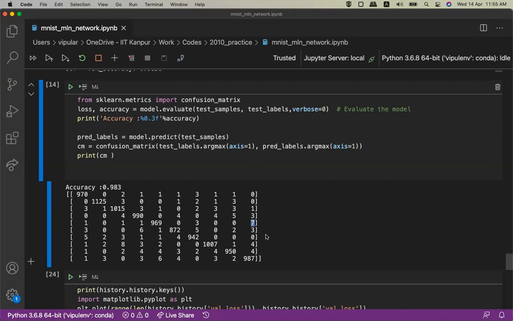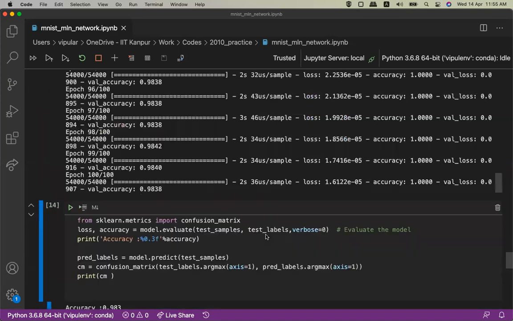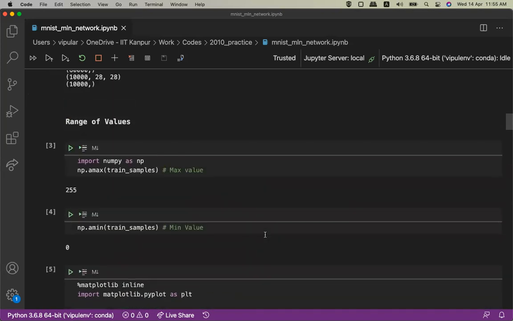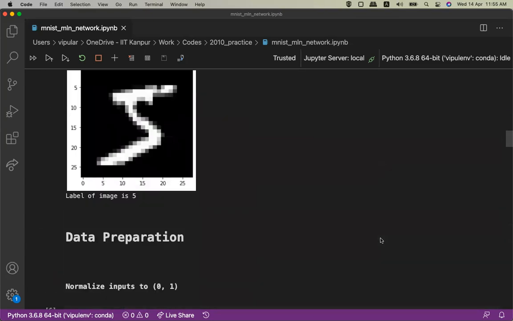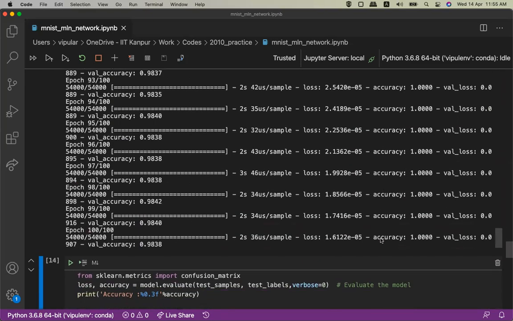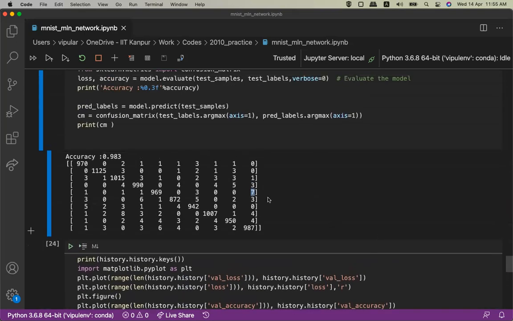It makes sense because 4 and 9 are quite similar in shape, as you can see in the data. You see this 4, it looks almost like 9. So no doubt the machine makes this mistake of thinking that this is a 9, because 9 and 4 are actually very similar in their shape. So this result is not very surprising for us.